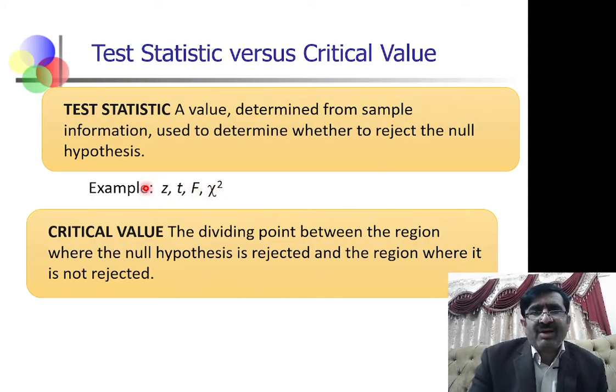We will study these one by one in the coming days, based on your interest. We will not go into all of these now because we don't want to make mistakes. It is just introductory. There are different conditions: sometimes we apply Z, sometimes T, and sometimes F or chi-square, depending upon the situation, variables, standard deviations, skewness, and so on.